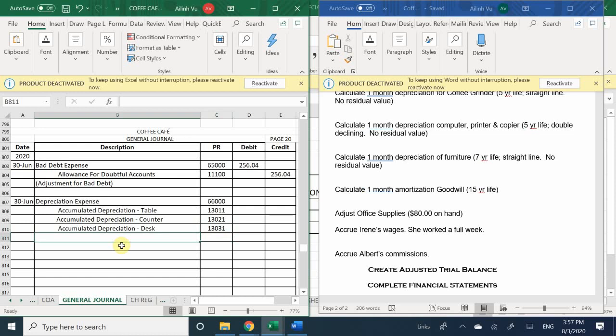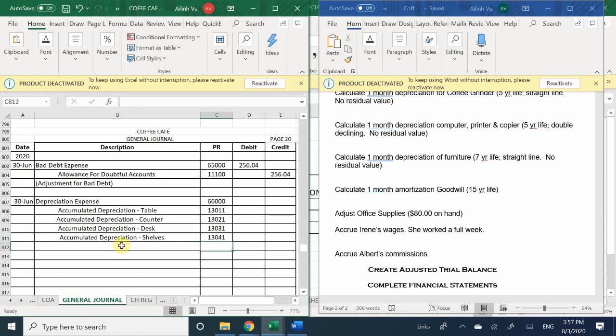Right. And then shelves. Those shelves will be 13041.